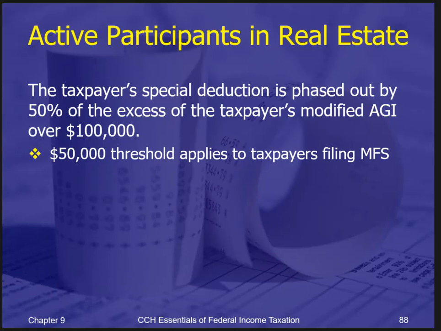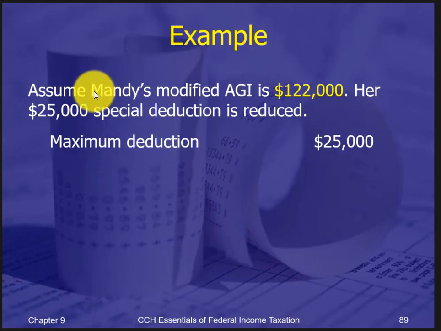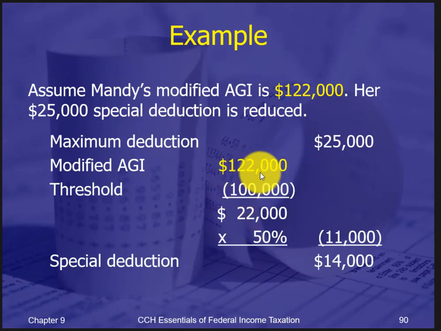It's also phased out. This $100,000 threshold does not change for many years. The phaseout is 50% of the amount over $100,000 of your AGI. So if your AGI is 122, you take the amount you're over the 100,000, multiply by 50%, and then subtract that from the maximum to get how much special deduction.